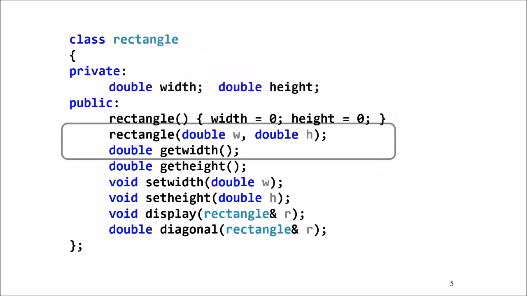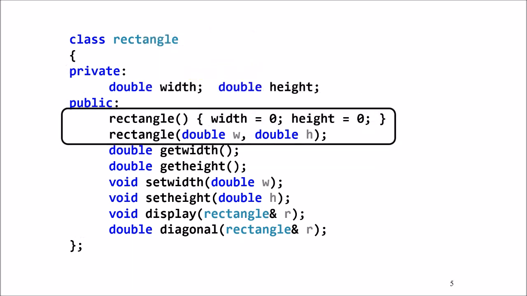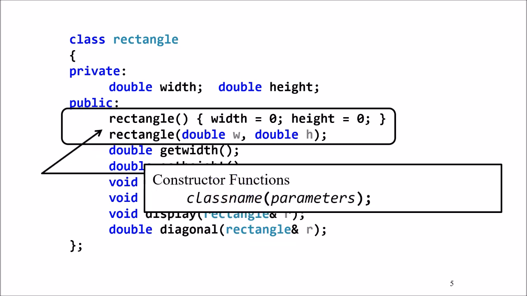The first two functions in the list of public member functions are the constructor functions for this class of object. And the constructor functions always have a name that matches the name of the class. So for the constructor functions, the format is you have the class name, which you could also in this context call the function name.